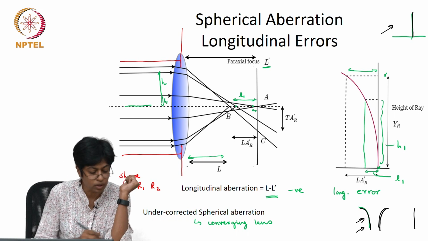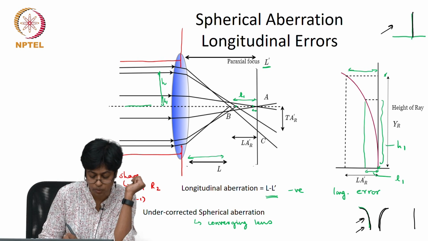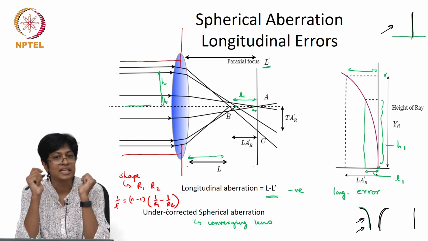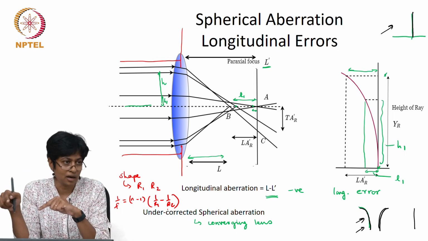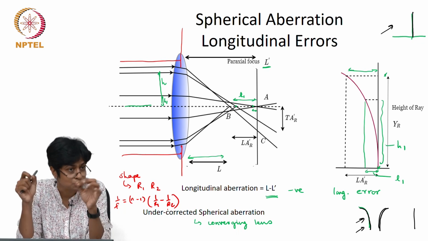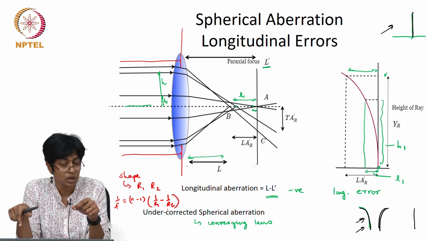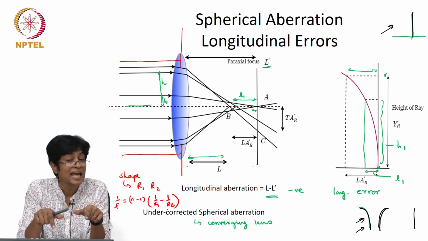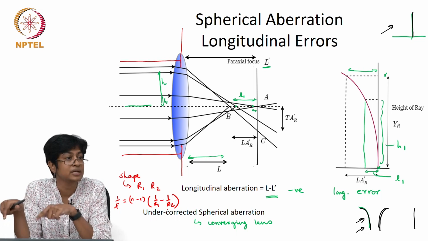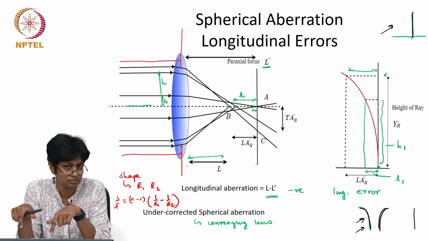Now, since focal length is defined by 1/f = (n - 1)(1/R1 - 1/R2), I can change R1 and R2 such that f does not change, because finally I want my optical system to stay the same. But I can change R1 and R2 such that f is constant and yet with a lens of a different shape, you'll find the spherical aberration is slightly different. And that's a powerful tool that we have.